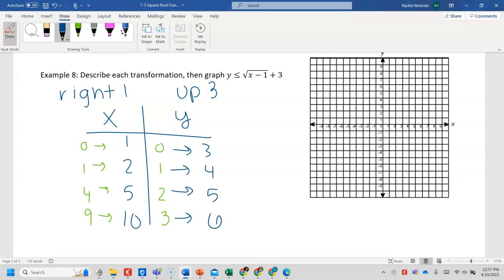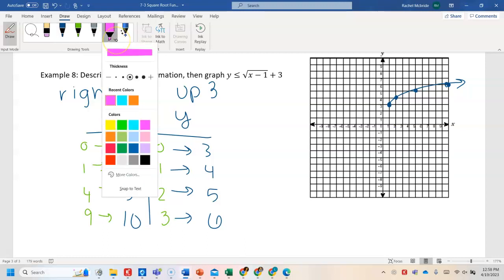The graphing is solid because it is equal to. The y values are less than, so y is below the curve.